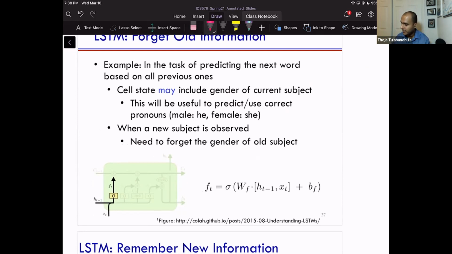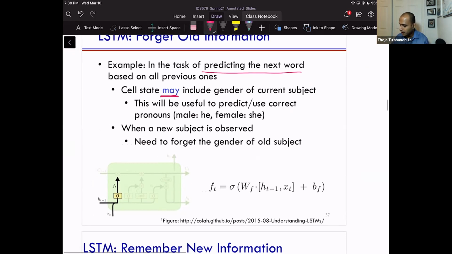So let's say we are predicting the next word, in the sense we are doing language modeling. Then the cell state may include information such as the gender of the current subject. This will be useful to predict the correct pronouns, for example, he or she. But when a new subject is observed, so a new XT happens, then you want to forget the gender of the old subject.